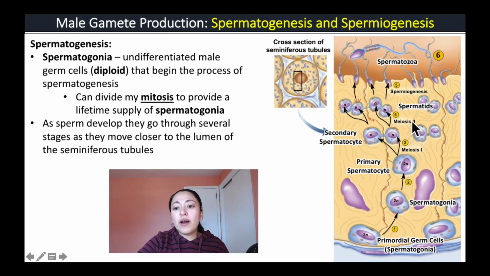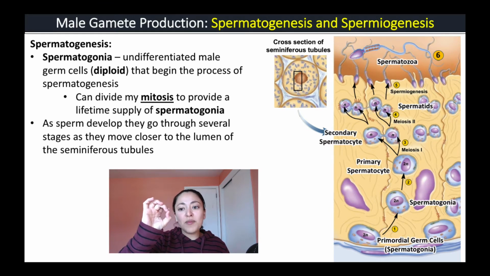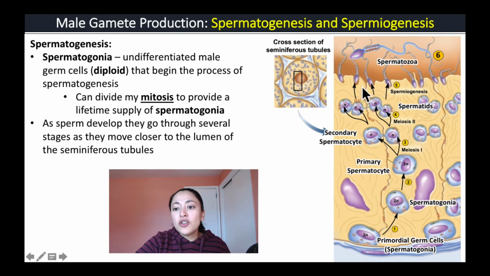They will undergo meiosis 2 to produce spermatids. Spermatids are cells that are very much like sperm, but they don't have a tail yet. So they have to grow their tail, and when they grow their tail, it's called spermiogenesis. And then we have a spermatozoa, and that can then make its way to the epididymis to further mature.